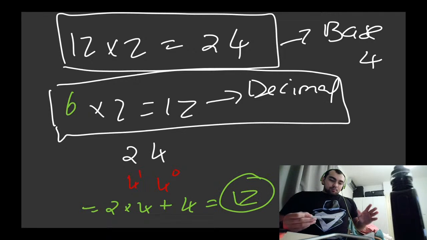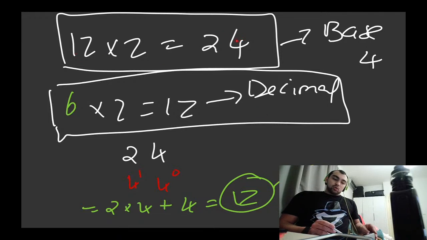So at this point, you realize that it's the same thing, right? So 12 times 2 equals 24 in base 4, but 6 times 2 equals 12 in decimal.